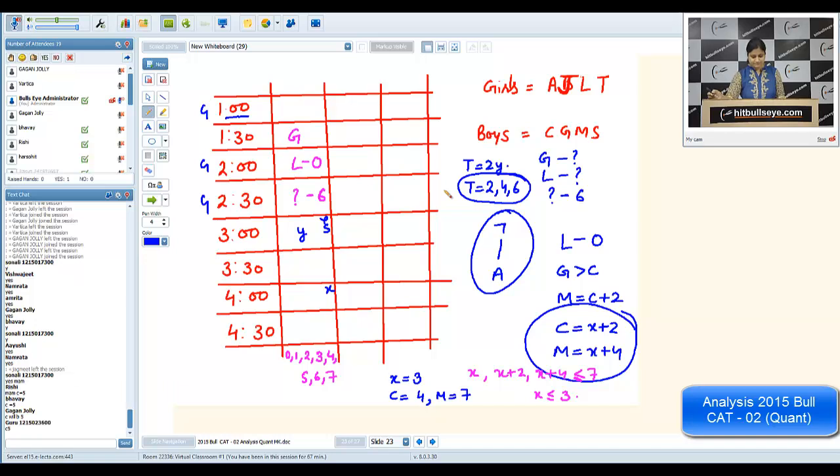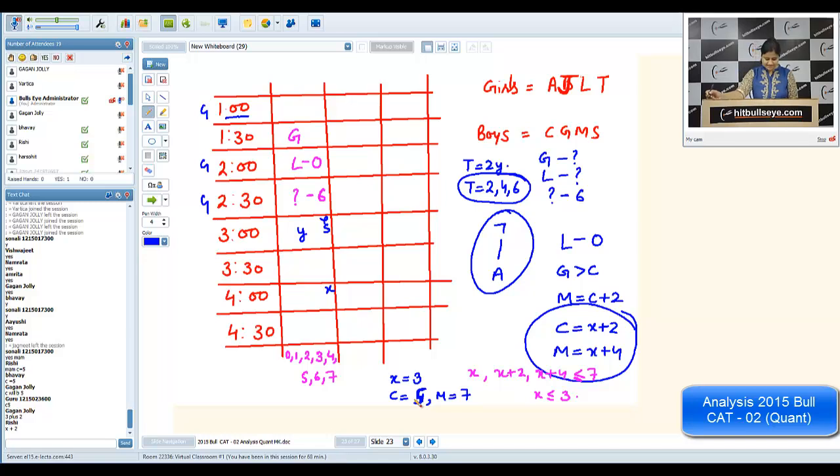Is it okay? C will be 5. Why so? Okay, just a second. C will be 5. Yes, because there is a 2-year gap. Yes, of course. Are you getting me, guys?